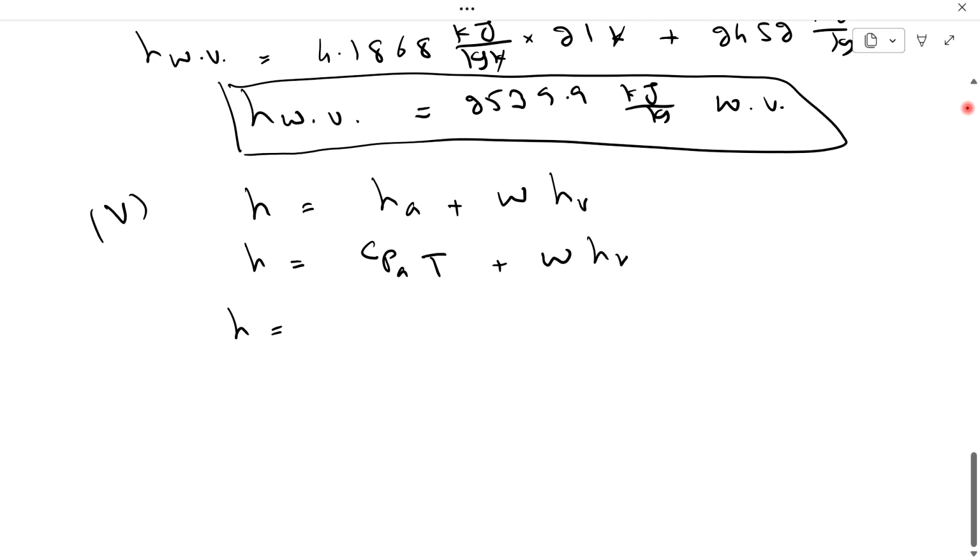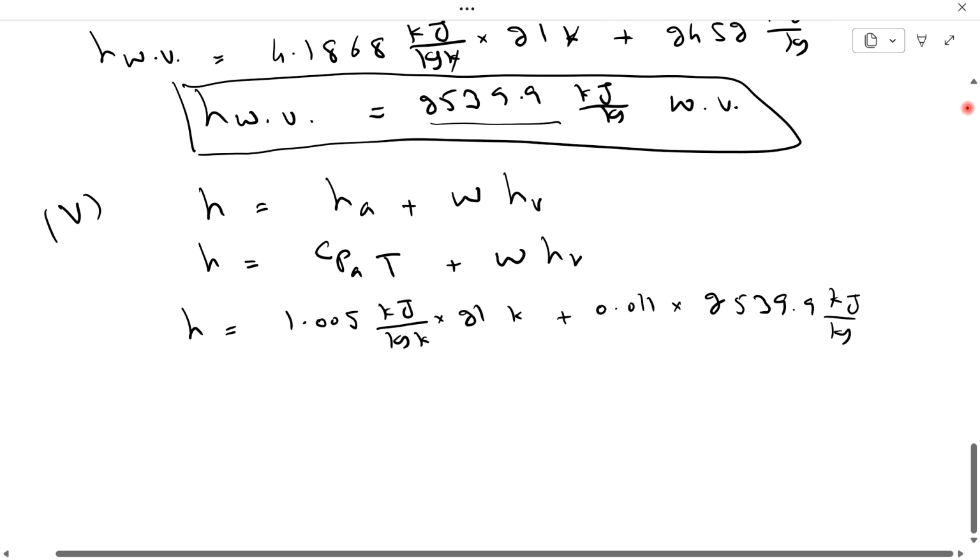All values are known. Cp of air is 1.005 kilojoule per kilogram per Kelvin. Temperature is 21; we can write degree centigrade or Kelvin because the difference is the same. And specific humidity is 0.011 multiplied by the specific enthalpy 2539.9 kilojoule per kilogram of water vapor.